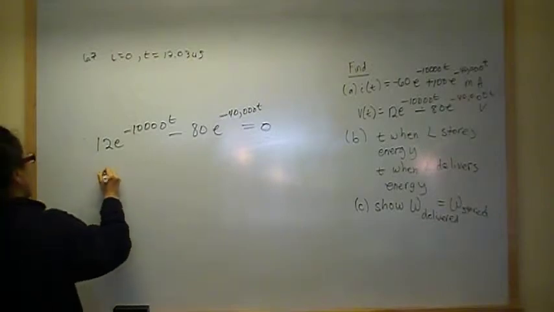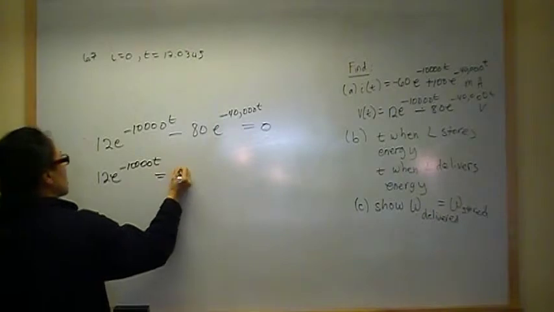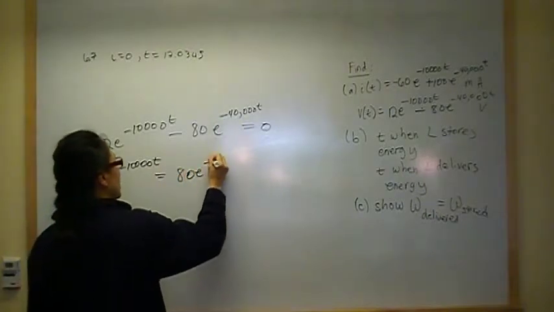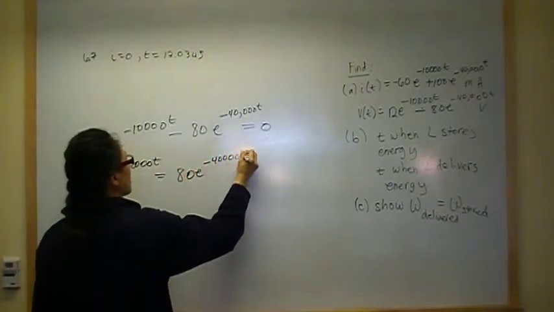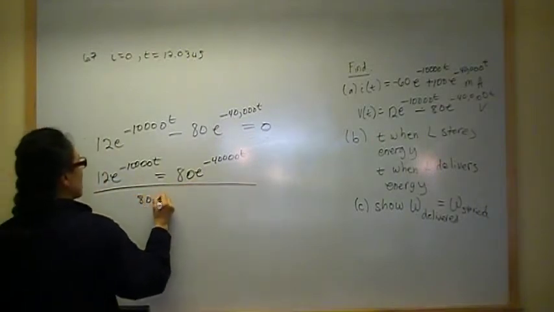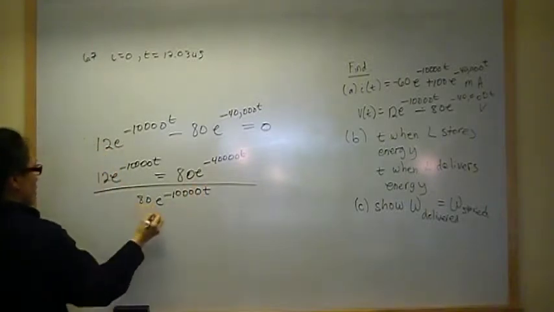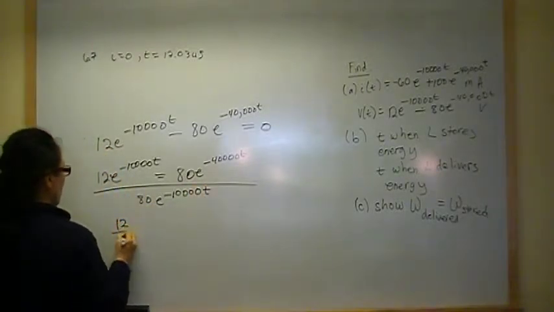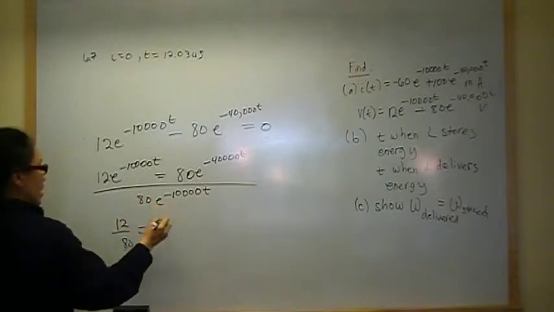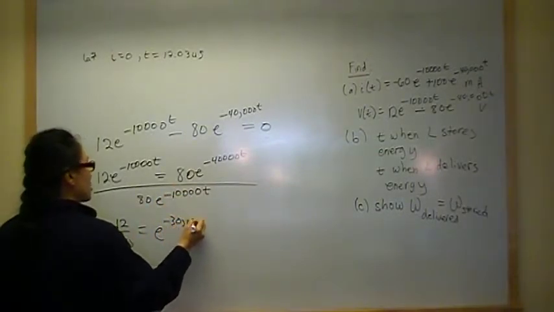So this gives me 12 e to the negative 10,000 t is equal to 80 e to the negative 40,000 t. Divide both sides by 80 e to the negative 10,000 t. On this side, this will give me 12 over 80. On this side, this will give me e to the negative 30,000 t.